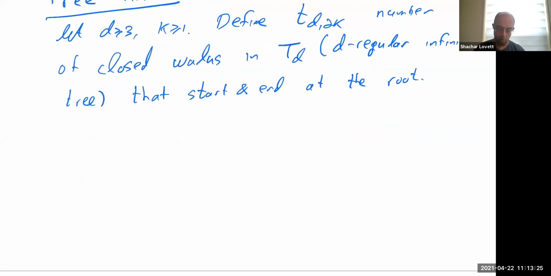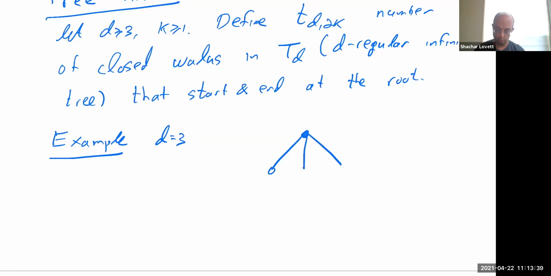So let's see some examples. To be concrete, let's think about d equal to 3. So we have a 3-regular infinite tree. Maybe we start here, and we have 3 nodes, each one of those has 2 nodes, and so on.